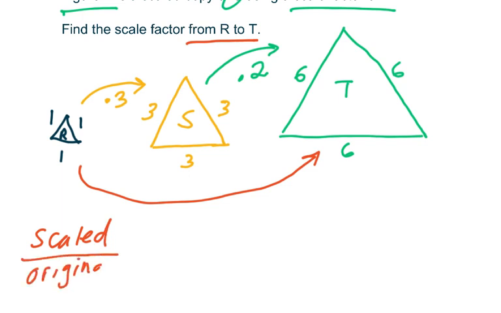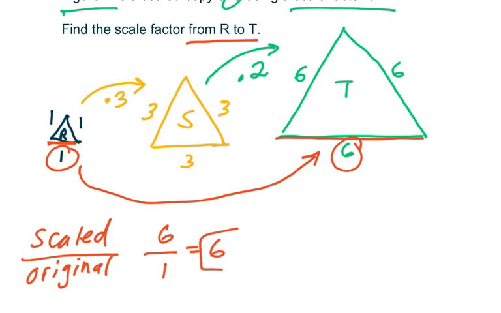That's my ratio. I can pick any side length, right? Maybe I'll pick this base right here and say, okay, that is a side length of 6, and my corresponding side length over here is 1. So I have 6 over 1, and that is my scale factor.